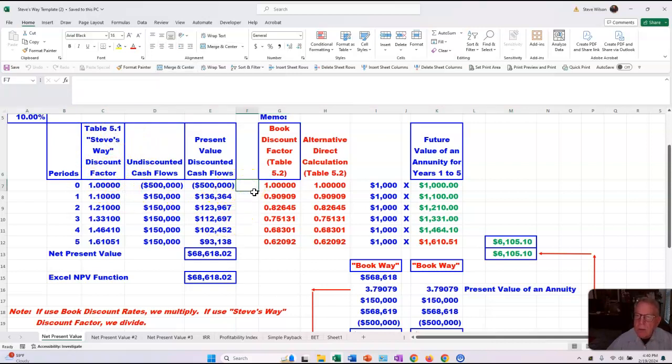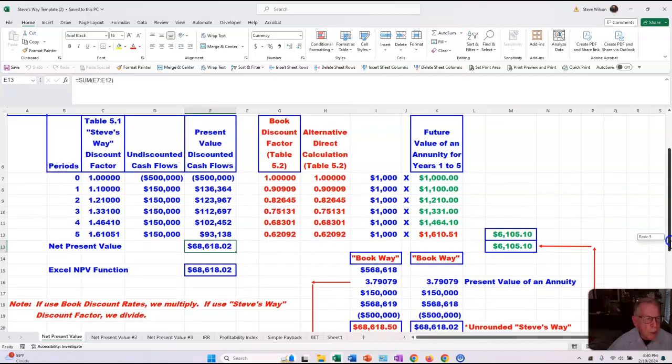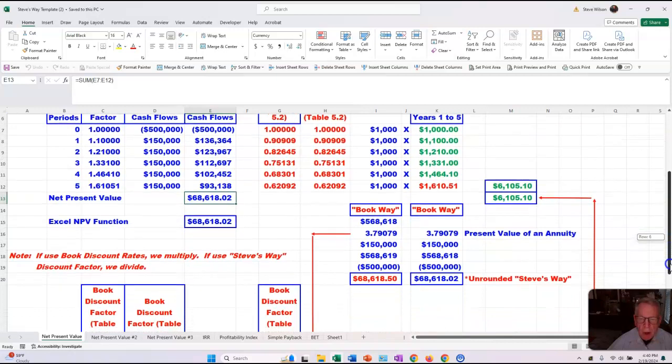The 500,000 is already at present value, but it's money that's going out for a project. And this is the money that's coming in for a project, this 150,000. So we discount that through, and the net present value of that is 68,618.